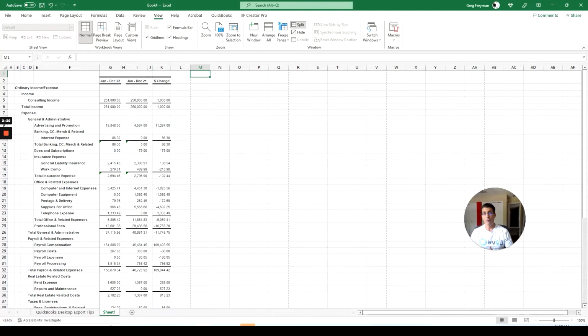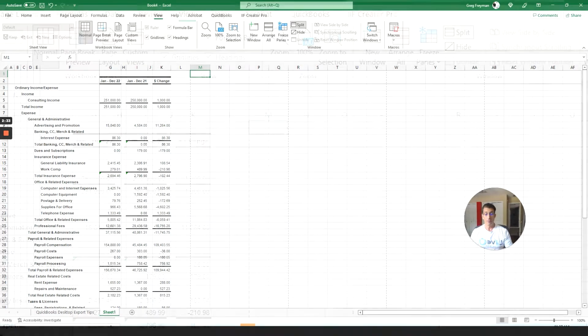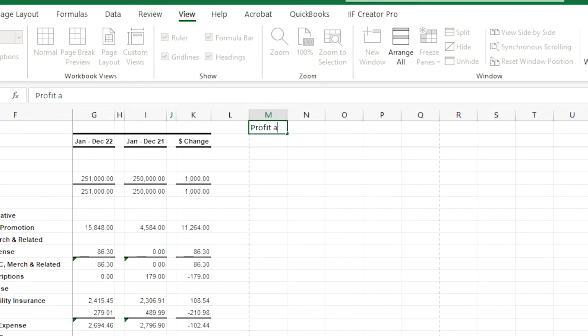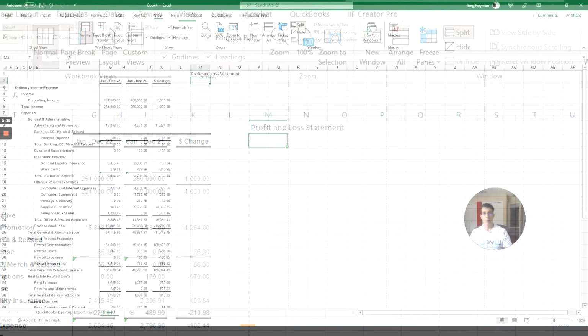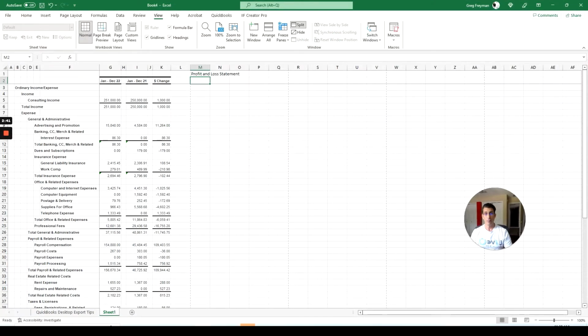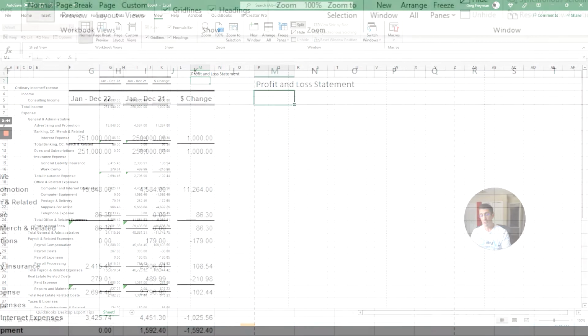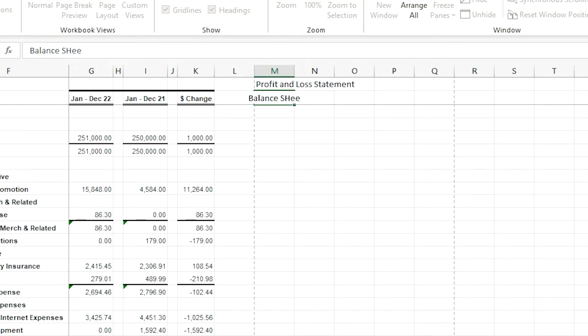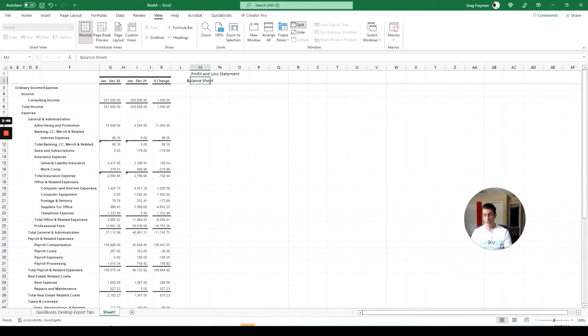So in our world, when we're dealing with financial statements, there's really two statements that we typically work exclusively with. And those are, and I'm going to write it down for you here, profit and loss statement. And what you see in front of my screen here is a profit and loss. And then we have what we call the balance sheet. Okay.